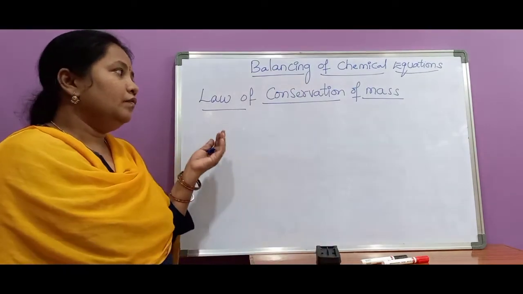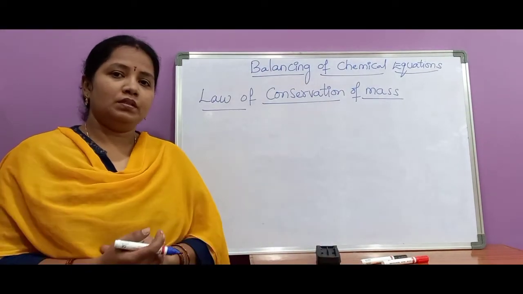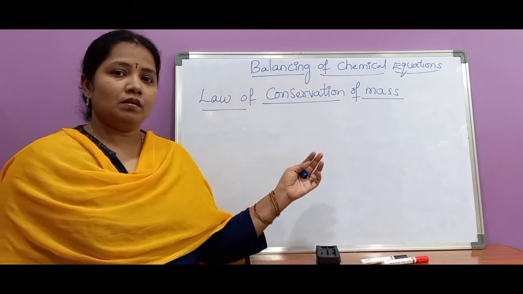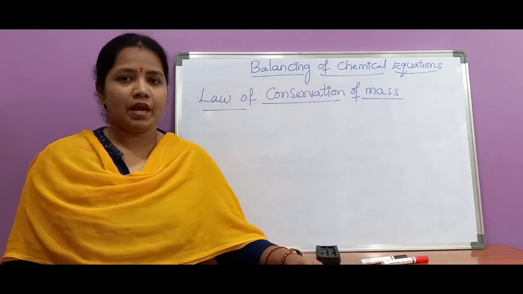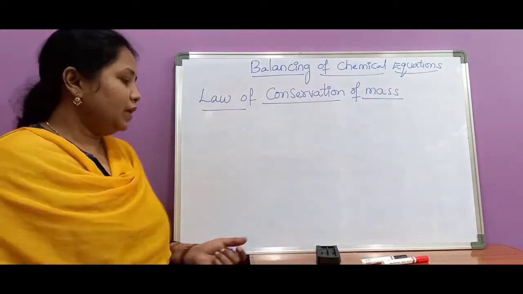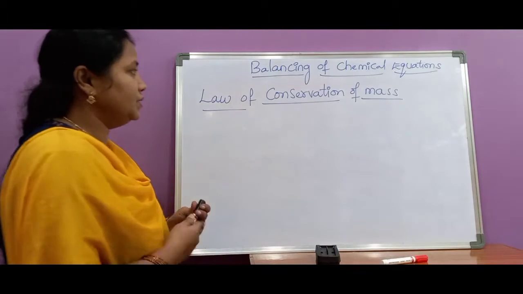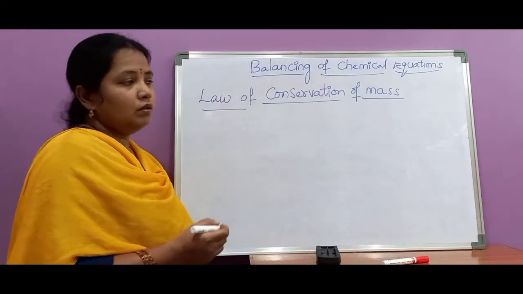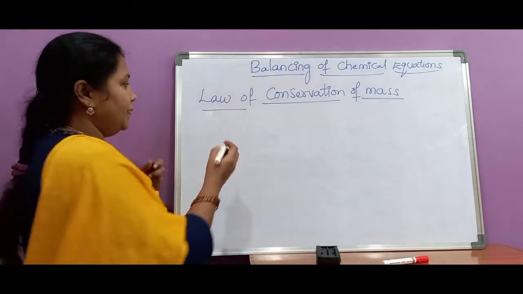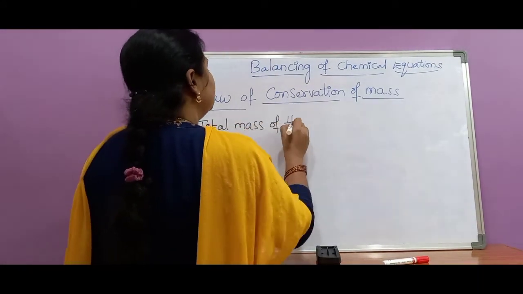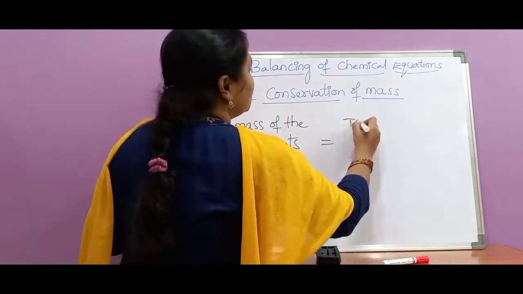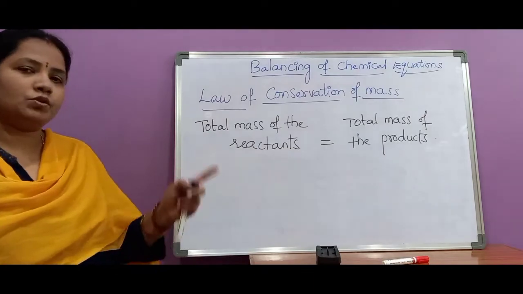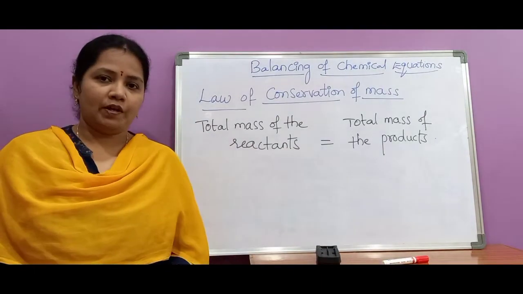Whatever the mass of the reactants involved in the chemical reaction, the same amount of mass of the products should be formed after the reaction. The total mass of the reactants should be equal to the total mass of the products.